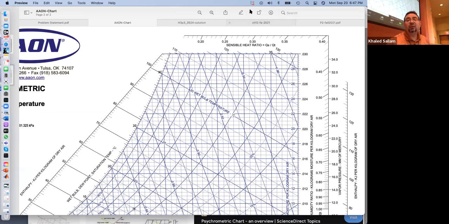Can we draw a line here? And we do it like this. Okay, I assume I did it. Good job. So this is the slope of sensible heat ratio 30%.